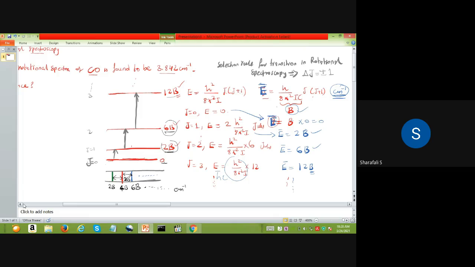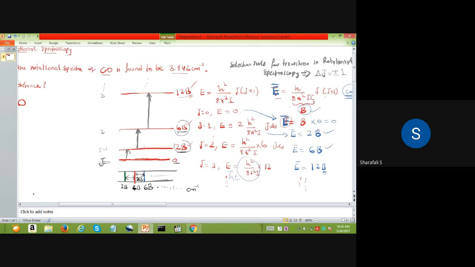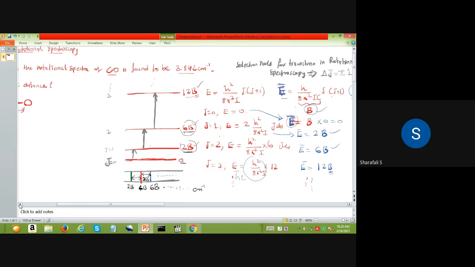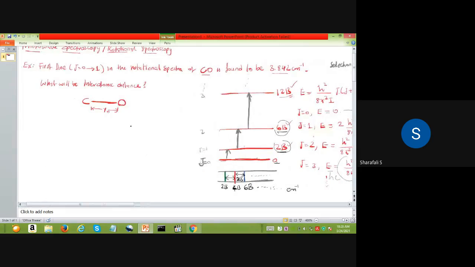Now coming back to this problem, we have carbon monoxide, and it is found that for the J equal to 0 to 1 transition, the first line of the rotational spectra comes at 3.842 centimeter inverse.